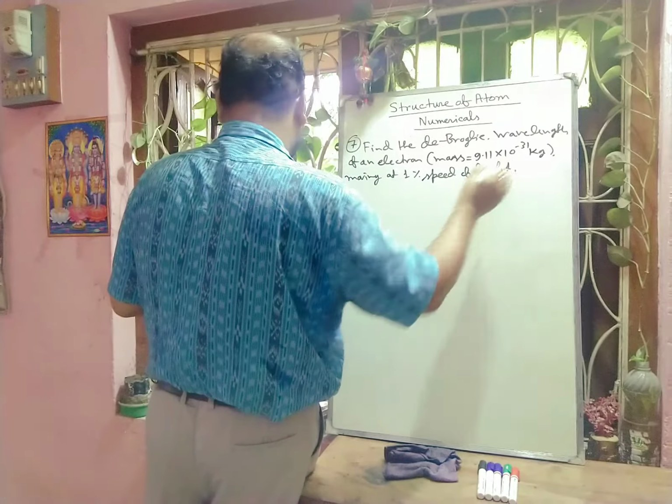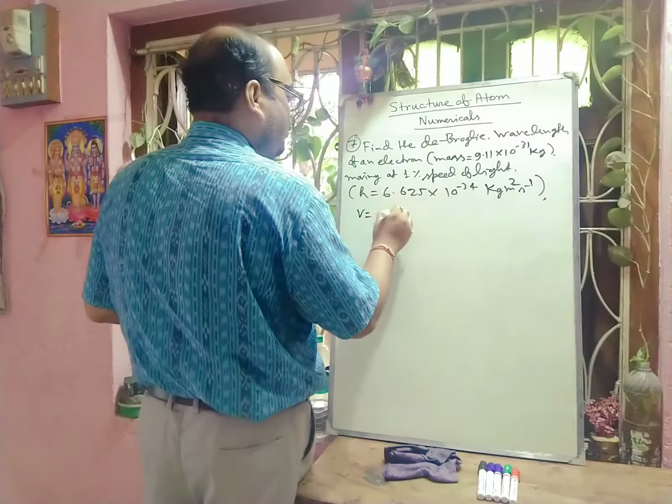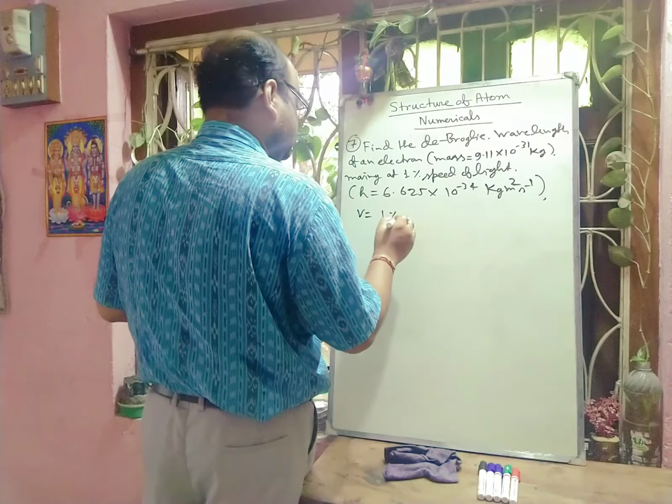Here also Planck's constant, that is the h value, is given: 6.625 into 10 to the power minus 34 kg meter square second inverse. Now first we have to calculate the v. v is the 1% speed of light.